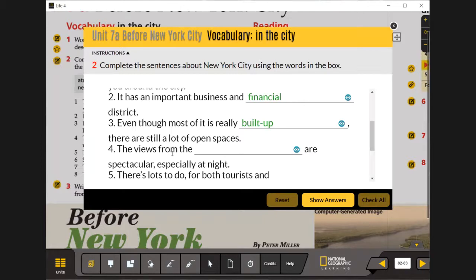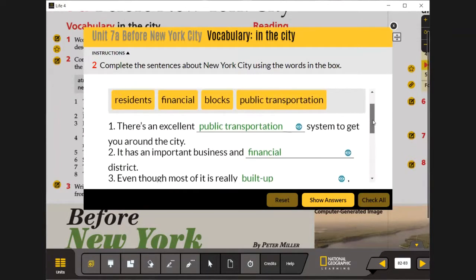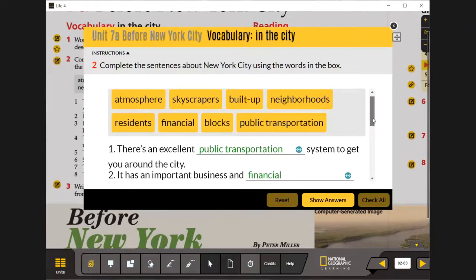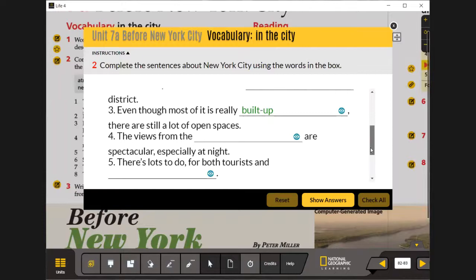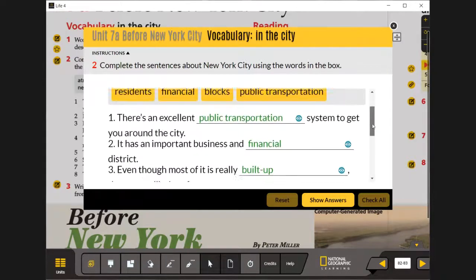Four. The views from, and these are the options.